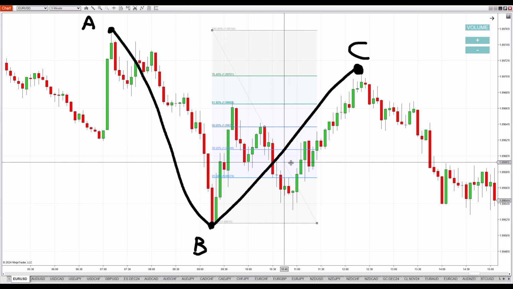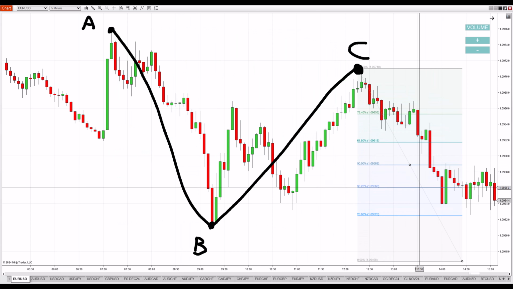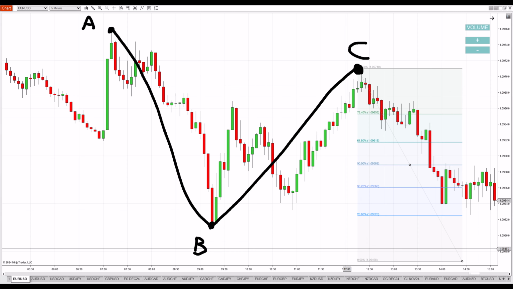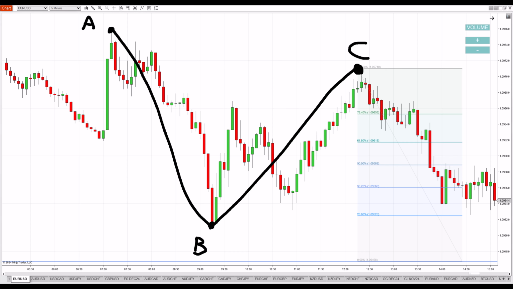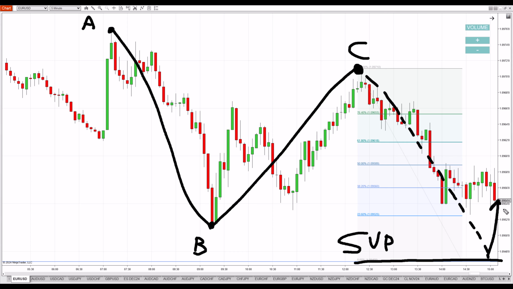Take the Fibo, make it start at the C, and this level, I'll draw a line here, this level will be support. So you just need the price to drop to this support and go long from there, right? That's the D. D is the support.